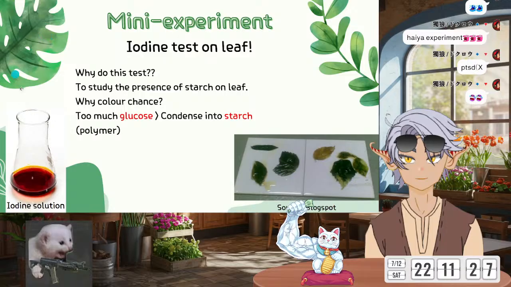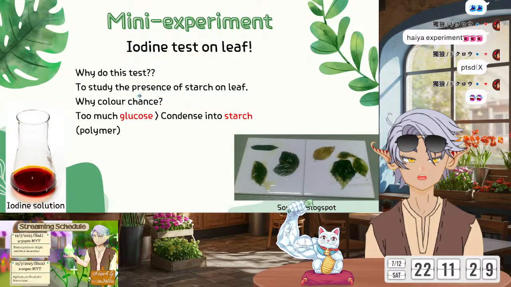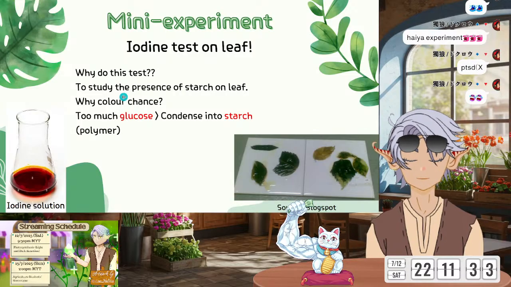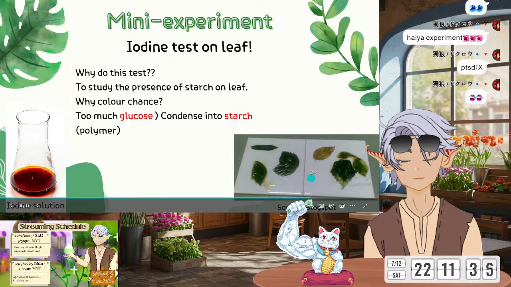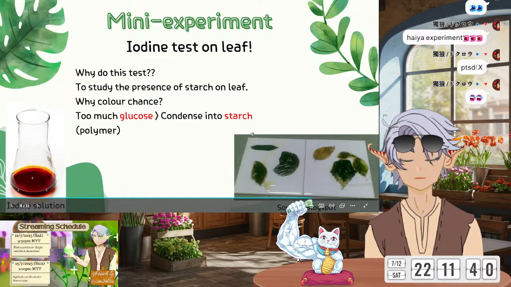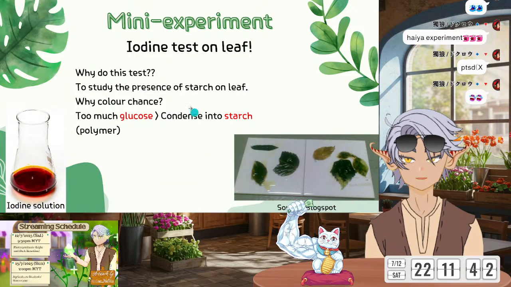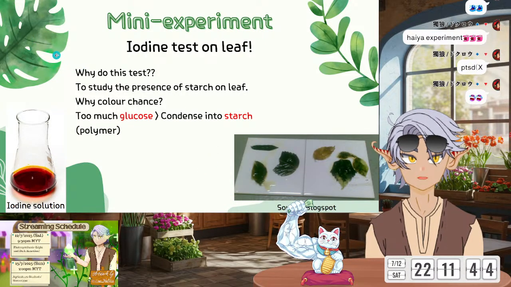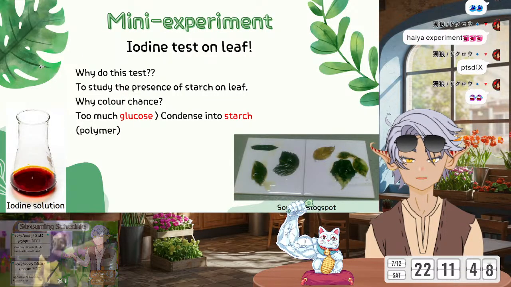So they will study it. The leaf will be boiled like usual, and then you do the iodine test. The result is the covered part will not change the iodine.